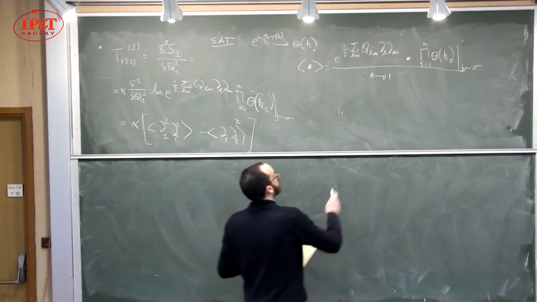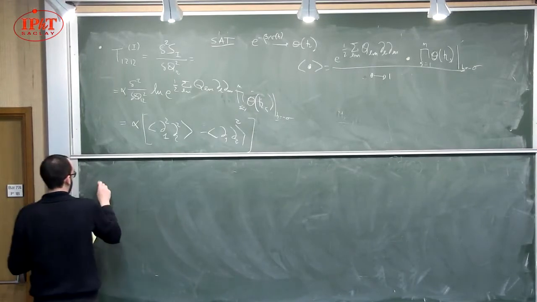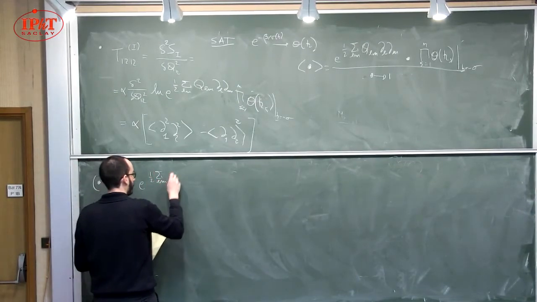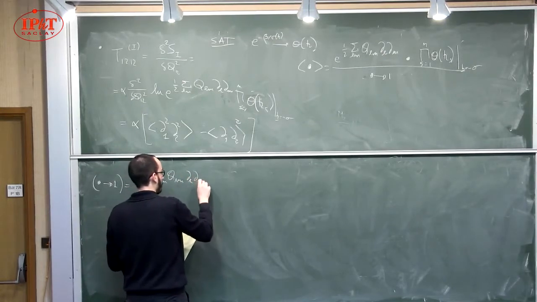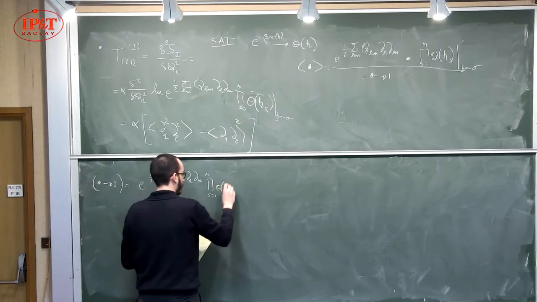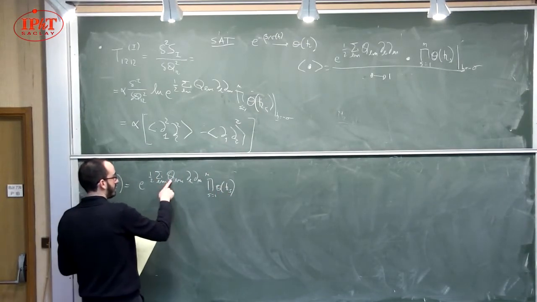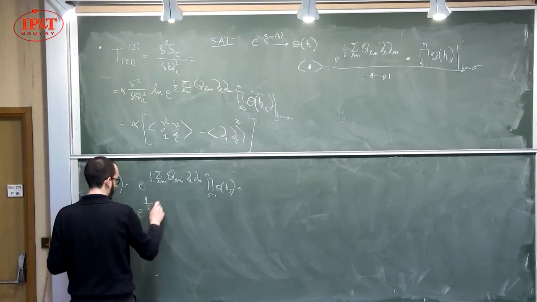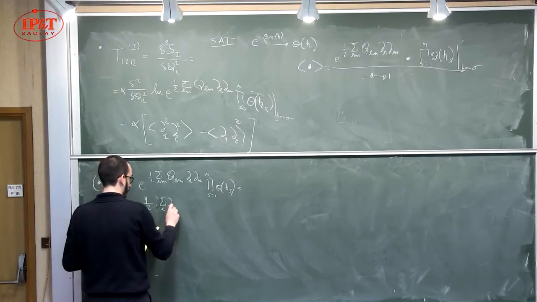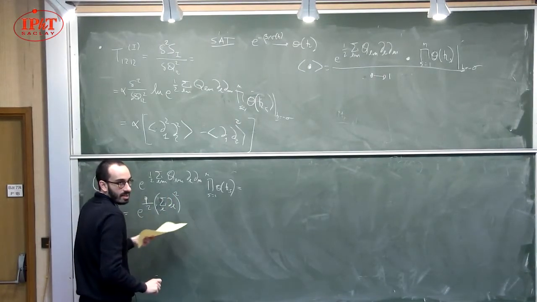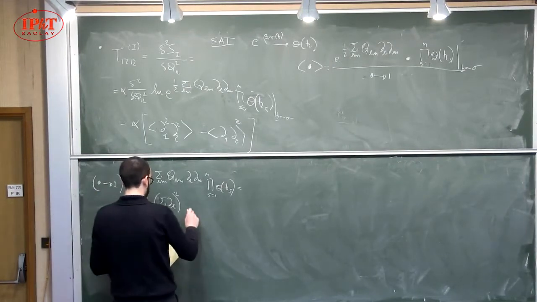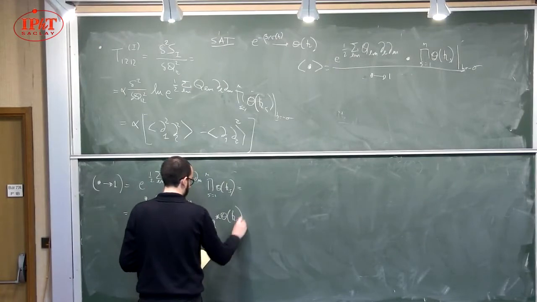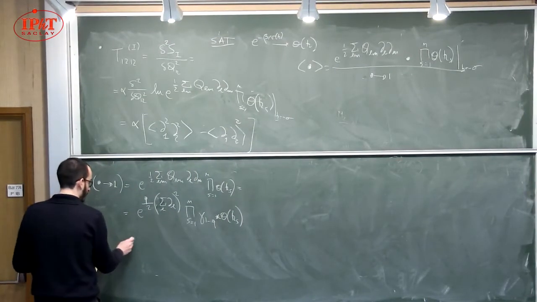Okay, so let me compute first the normalization. So this is just e to the, so I plug the replica symmetric ansatz here, and so this is just, I'm just doing the same steps that I've done in the last lecture.